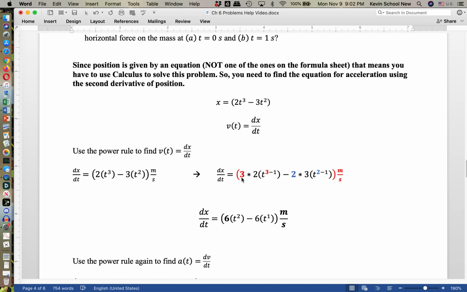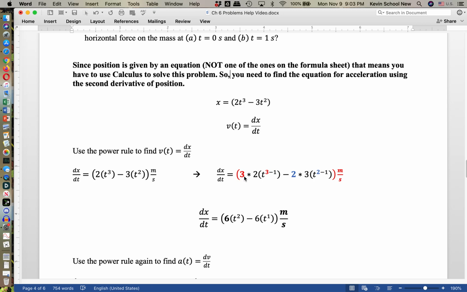and I'm going to move that number that I had, 3, into the front, as seen by the red lettering there. Then on my other part, I've got t squared, so I'm going to subtract 1 from that and take my original number 2 and multiply it by the front. The numbers in front of the t's are constants, so they don't get changed by this.